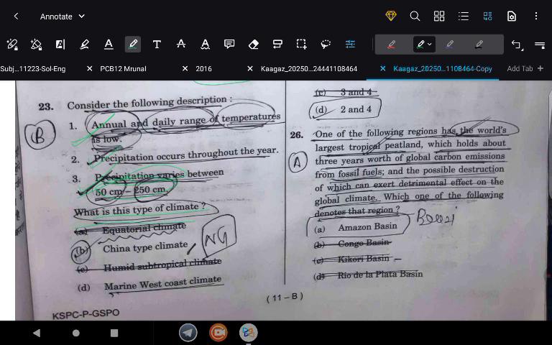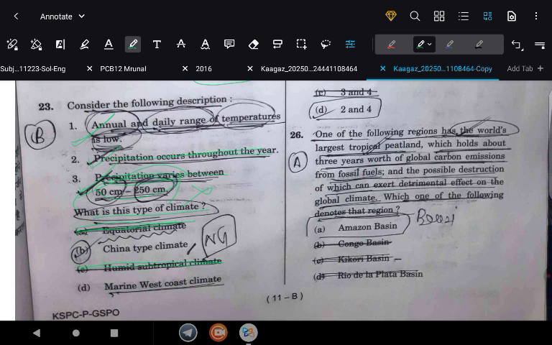Equatorial can be ruled out because the precipitation varies between 50 and 250 centimeters. In equatorial it is constant throughout the year, that is fine, but it doesn't vary this much, so we can rule this out. Secondly, humid subtropical can also be ruled out because in humid subtropical the annual and daily range of temperatures won't be that low, and besides, the precipitation won't be occurring throughout the year.